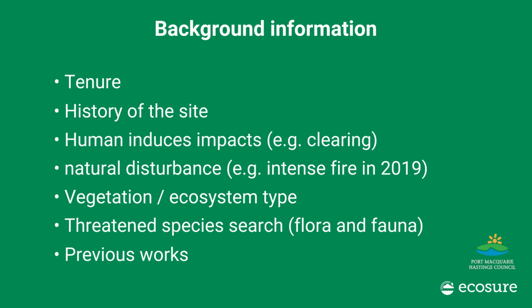Perhaps there's a good ability to do a threatened species search. Whatever it is, do as much background looking as you can. And if that's not available, consider talking to a local expert. So remember when you're out doing your site assessment to plot on your map where the access points are. There might be multiple ones or one, but it's really important to help with the planning side of ecological restoration and ensuring that our works are efficient.